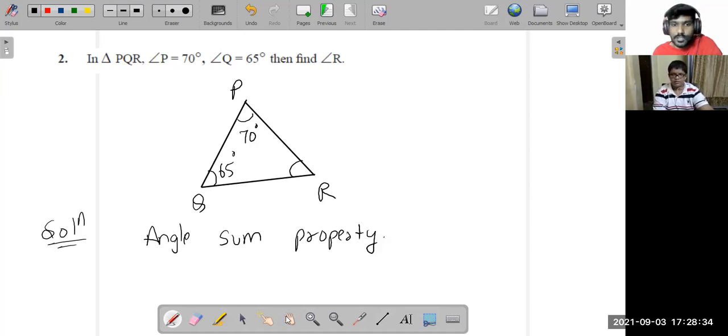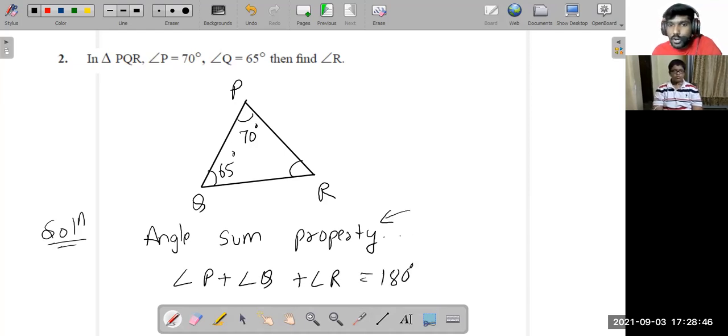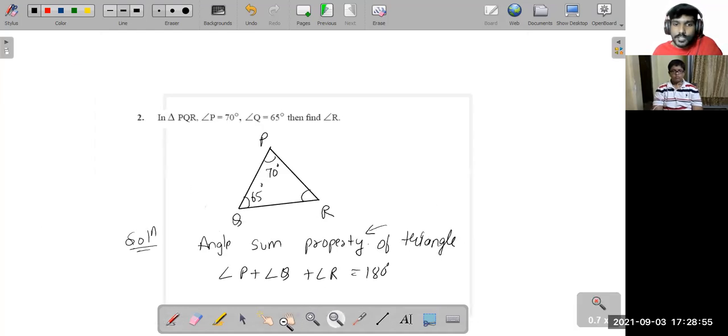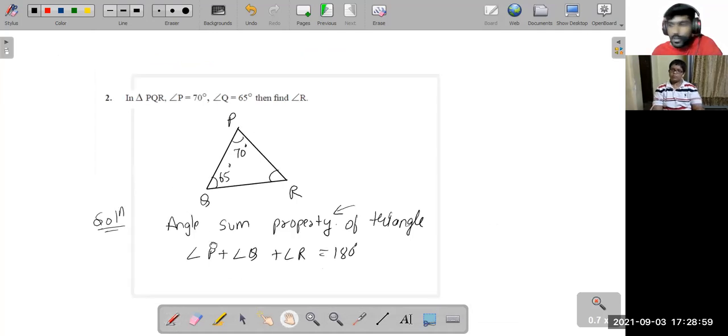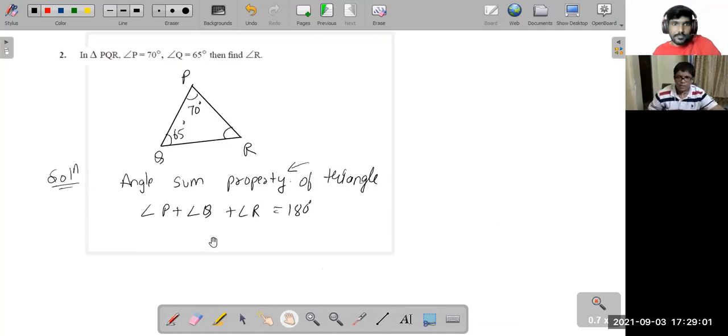Yes. Okay. But note one thing, that what you're using, angle P plus angle Q plus angle R equal to 180 degree, this is called angle sum property of triangle. And then substitute and complete it. Do this right now. You got 45, no? Yeah, 45 is right.